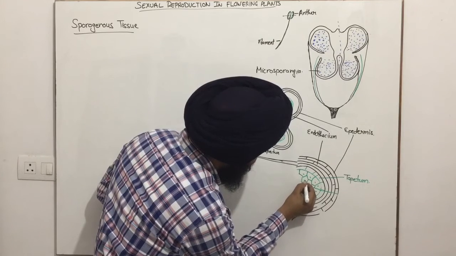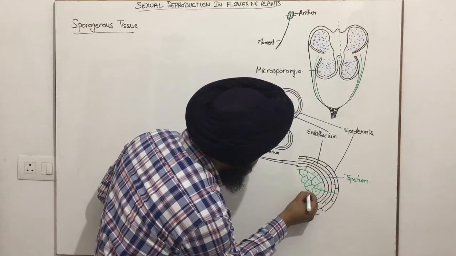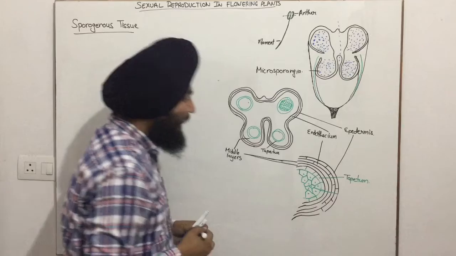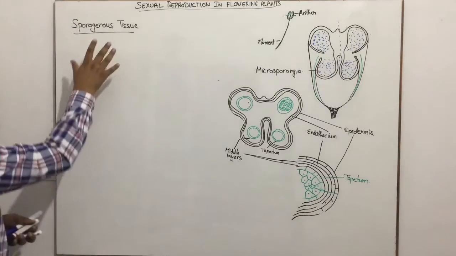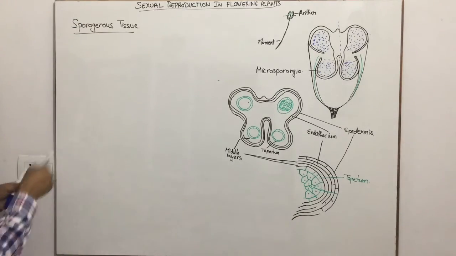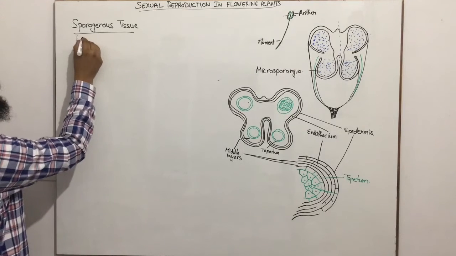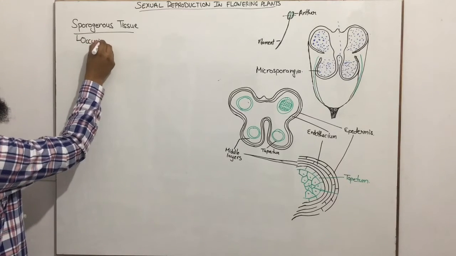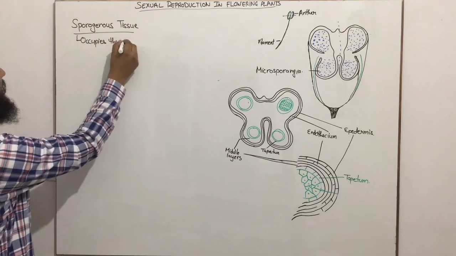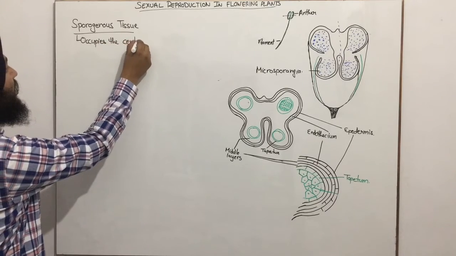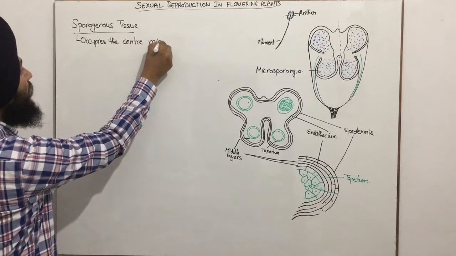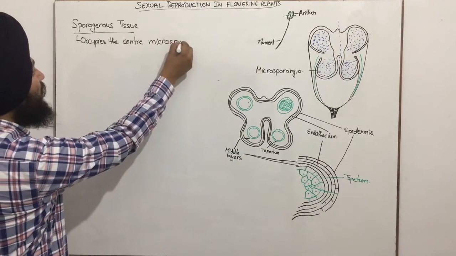These are the cells of the sporogenous tissue, and we can say that the sporogenous tissue occupies the center of the microsporangium.